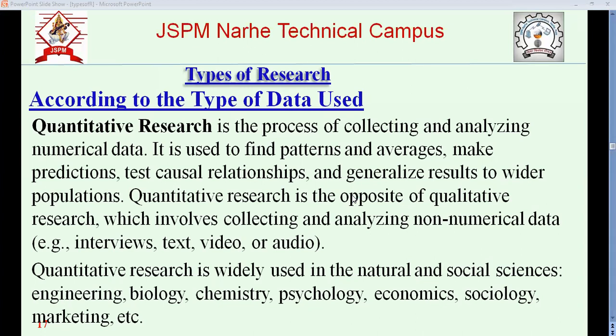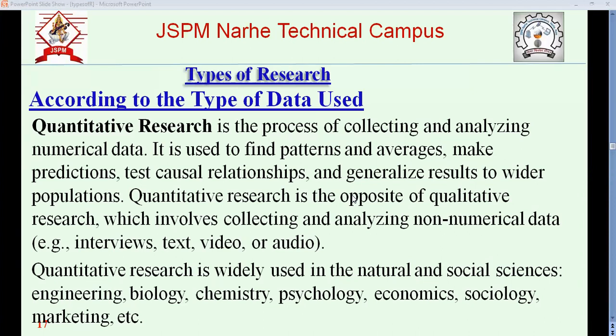In qualitative analysis, we collect non-number data. So it may be interview data, it may be text, it may be video, it may be audio.